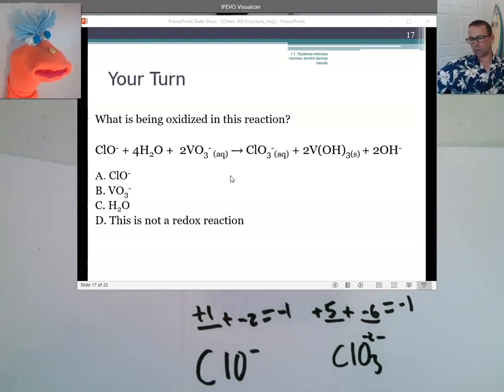Therefore, was it oxidized or reduced? It was oxidized. That's right. +1 to a +5, it lost 4 electrons for every chlorine. It's being oxidized, so that's the answer, right? They're not asking for the oxidizing agent. Okay, very good.